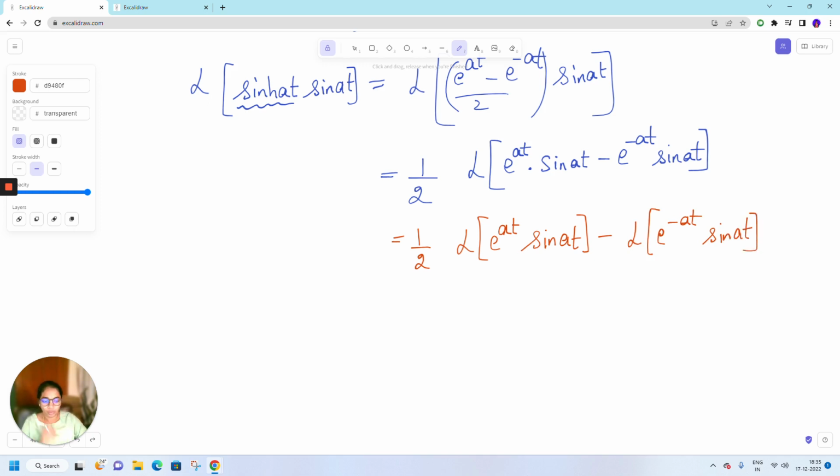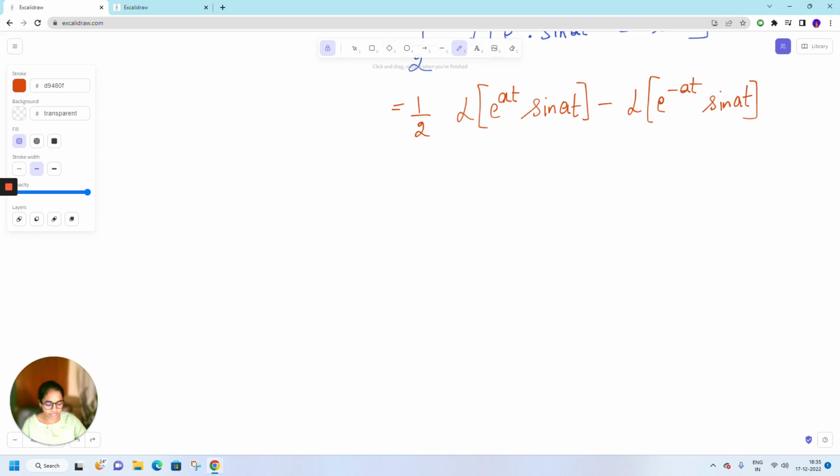Now what is the first step? The first step is to find what is f of t. What is f of t in the given question? F of t is sine at. Now what is Laplace of f of t, or Laplace of sine at? That would be a divided by s square plus a square.